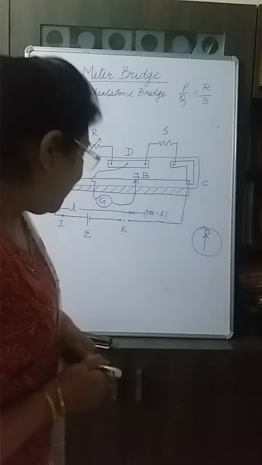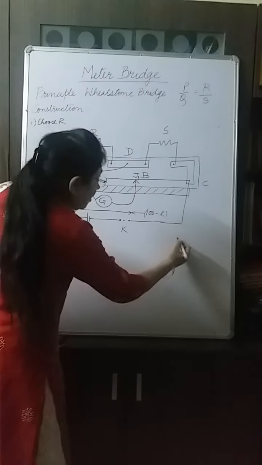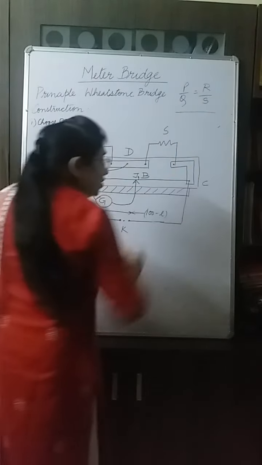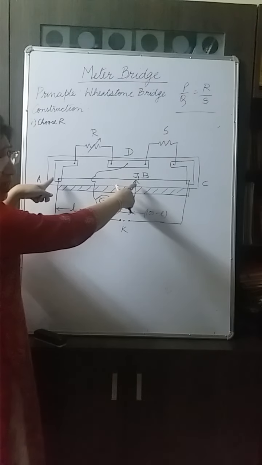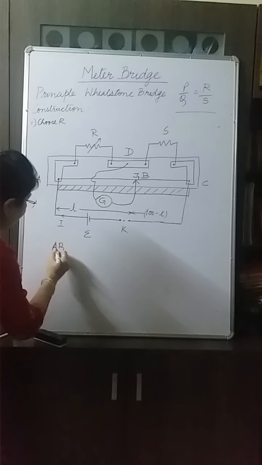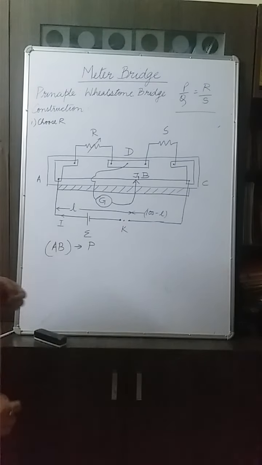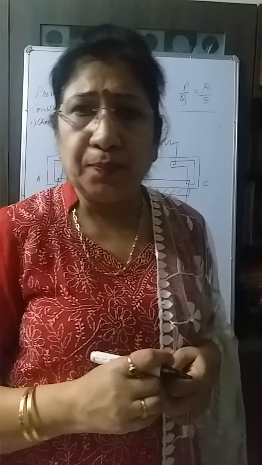When it is balanced, we have this balance condition. The part of the wire AB represents the resistor P of your Wheatstone bridge.